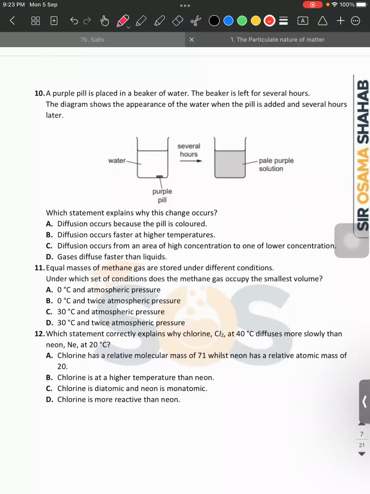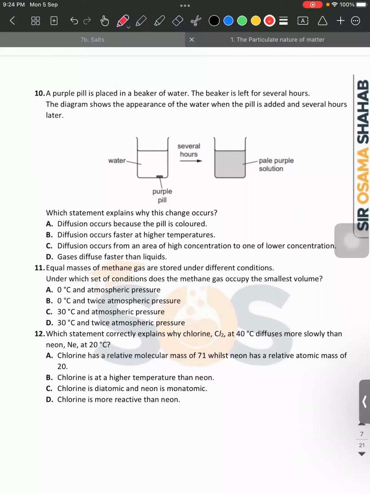Which statement explains why the changes occur? Diffusion occurs because the pill is colored? No. Diffusion can occur if the pill is colorless, right? Diffusion occurs faster at higher temperature, but right now there is no need of temperature over here. Diffusion occurs from an area of higher concentration to an area of lower concentration.